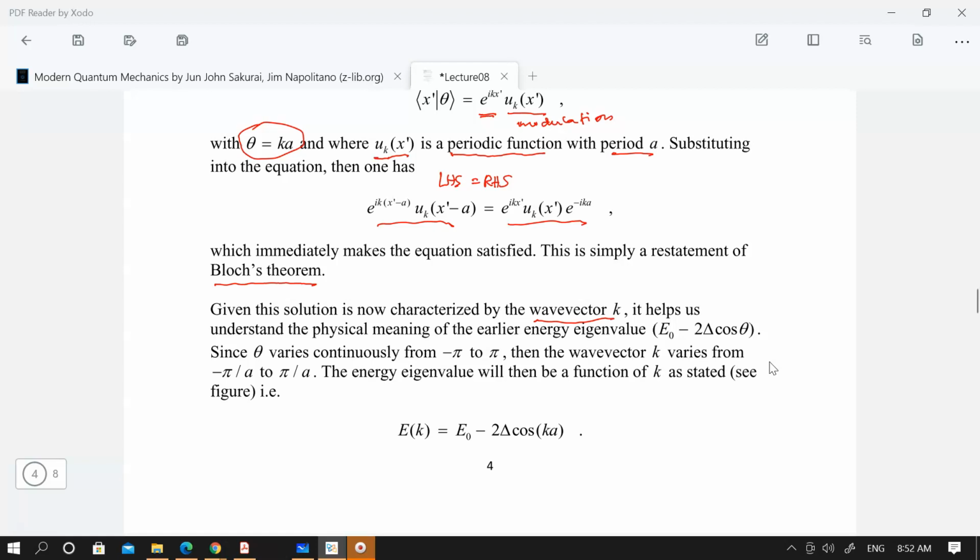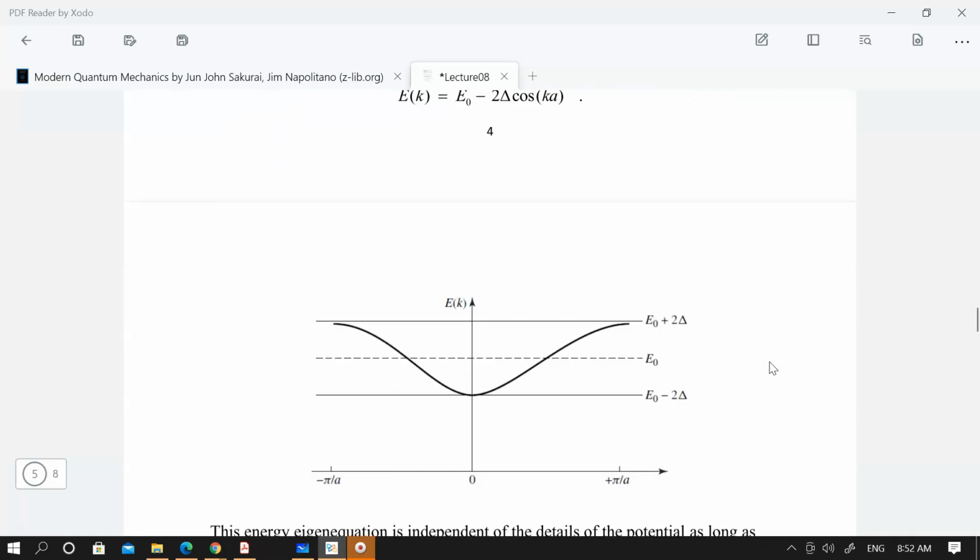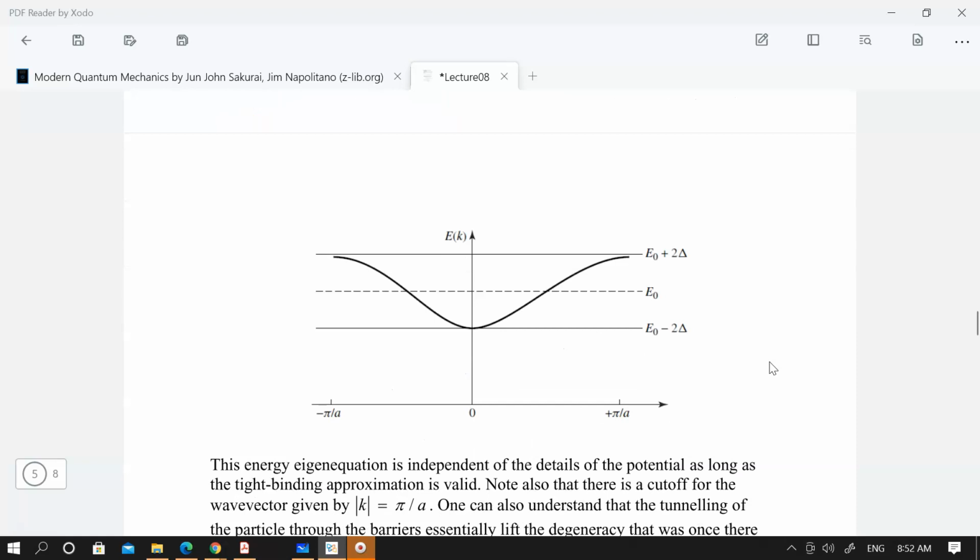How is this possible? Because your wave vector takes these values, which come from these values of theta. So again, this is just a picture that we have seen earlier. This gives you the band structure.